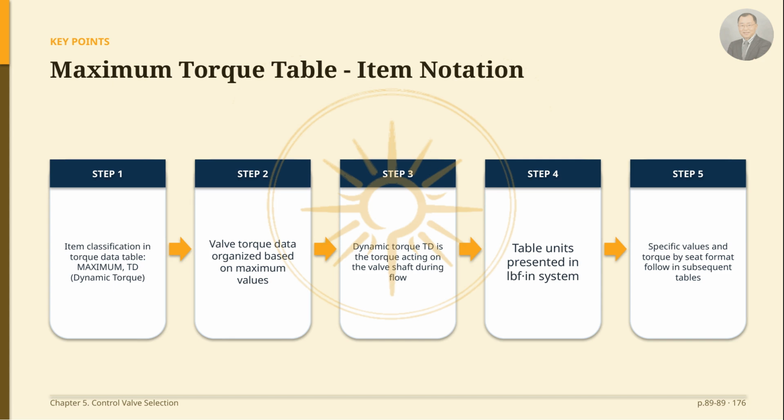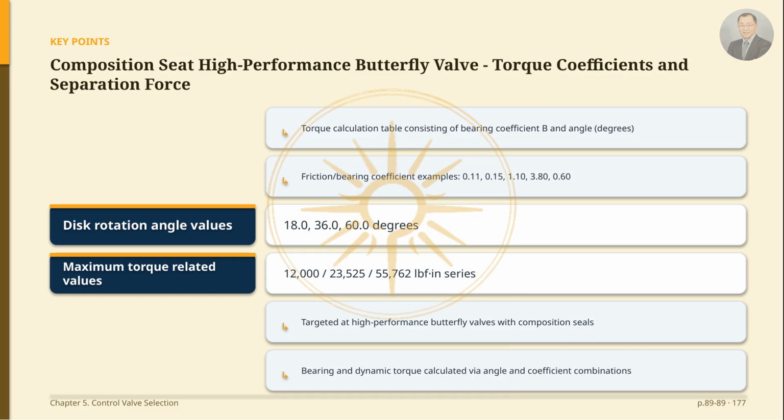I would like to introduce the torque coefficient and separation force table for high-performance butterfly valves with a composition seat. This table is structured with the bearing coefficient B and the disc rotation angle as axes. For friction and bearing coefficients, values such as 0.11, 0.15, 1.10, 3.80, and 0.60 are presented.